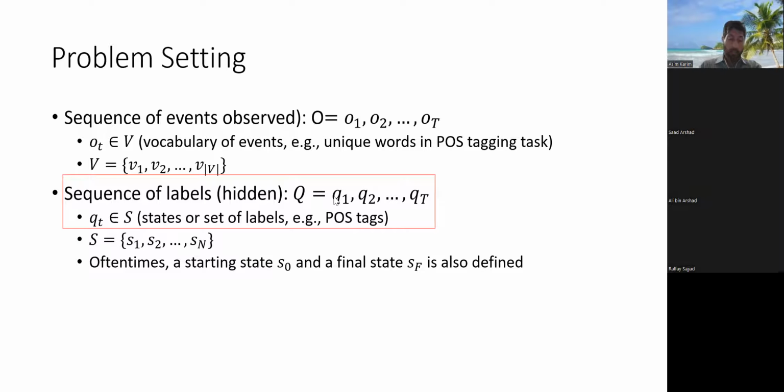I've denoted it with capital S, and capital S could be S1, S2, S3 to Sn. So N is the total number of tags that we have. If we are working with just nouns and adjectives, then N would be 2. And of course, if we are working with the Penn Treebank tag set, this N would be 45.